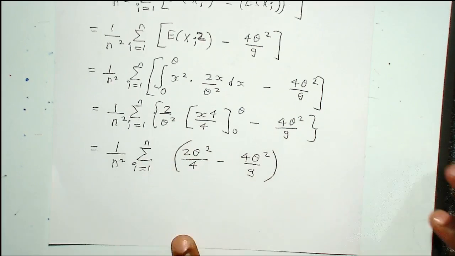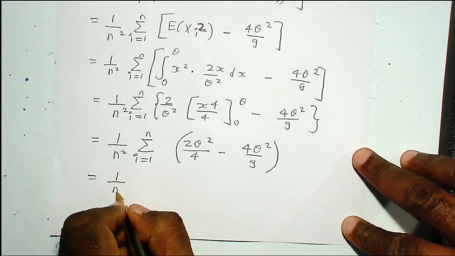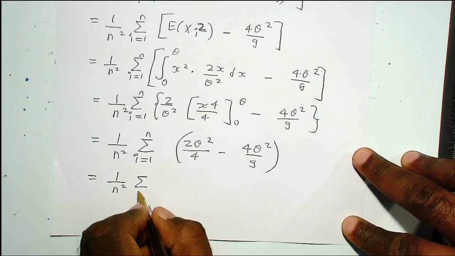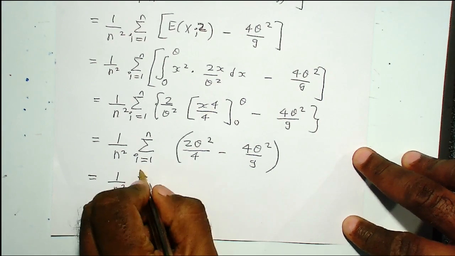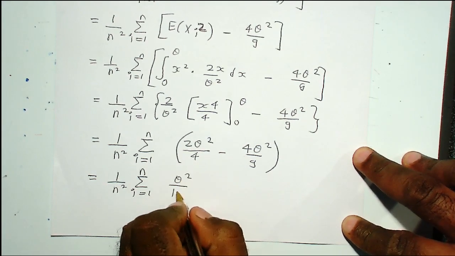Okay. Now, if you do the math, well, I'm sure you will get 1 over n squared times the sum, which is theta squared divided by 18.